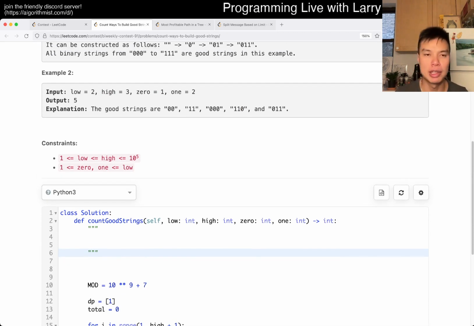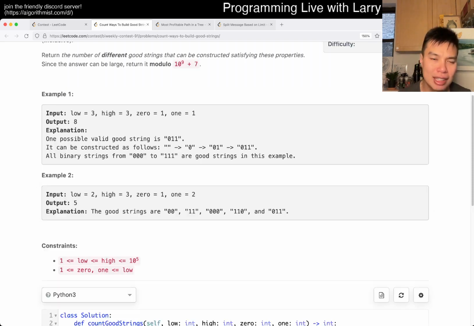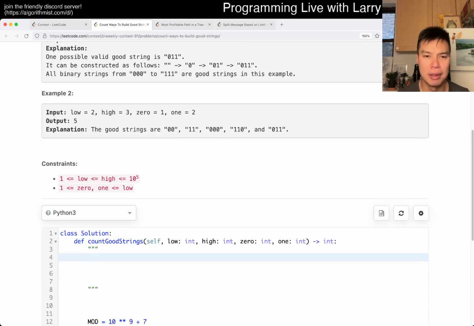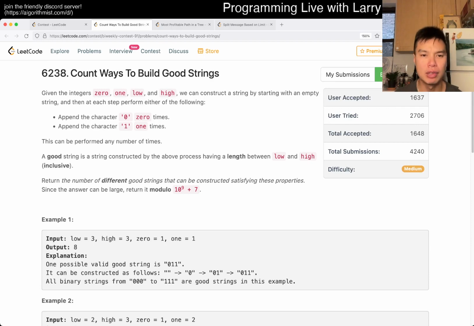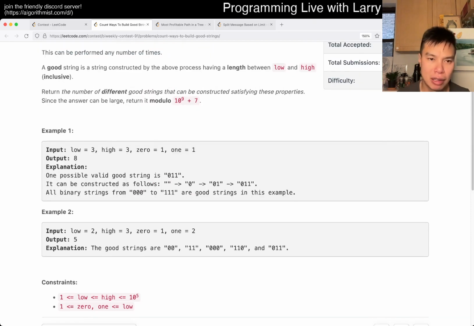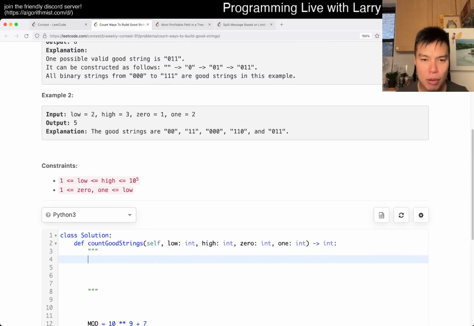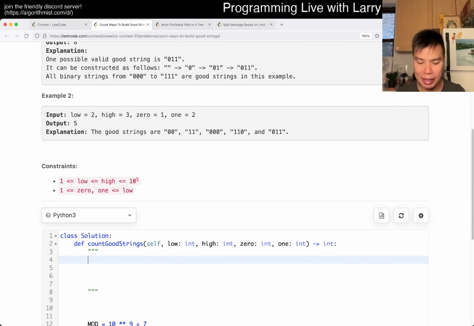because it has a very similar structure to Fibonacci and stuff like this. The core idea is that these ones and zeros don't really matter. I guess it matters in that they're distinct, but there's no different way to get a distinct one anyway. What I mean by that is you only care about how many counts of length.